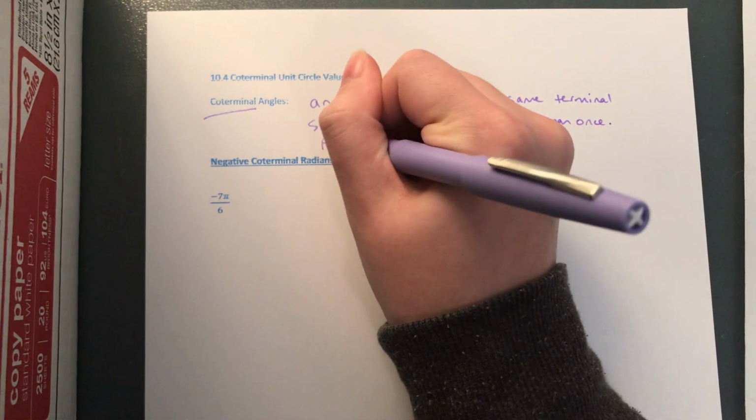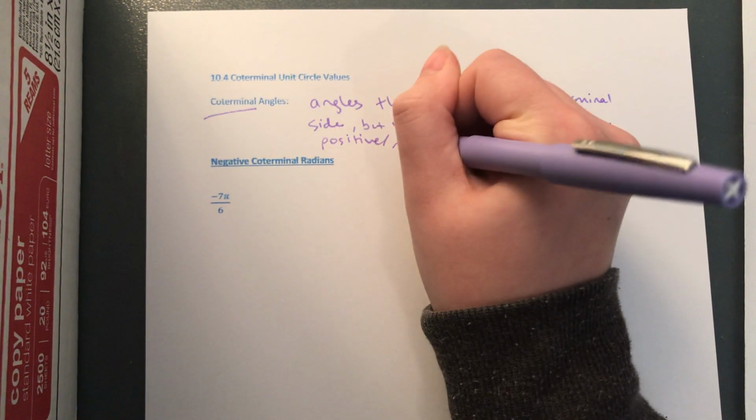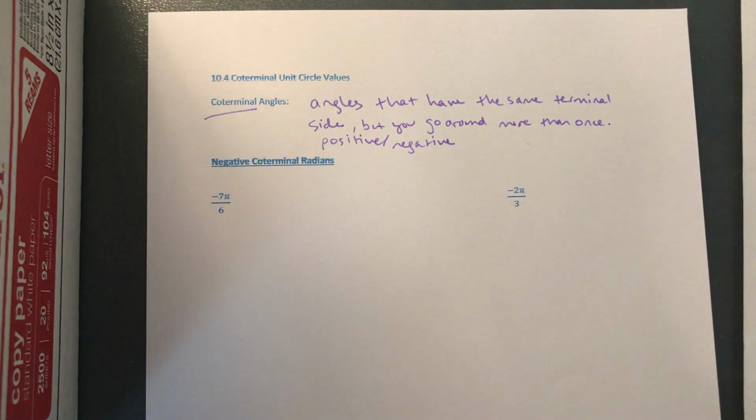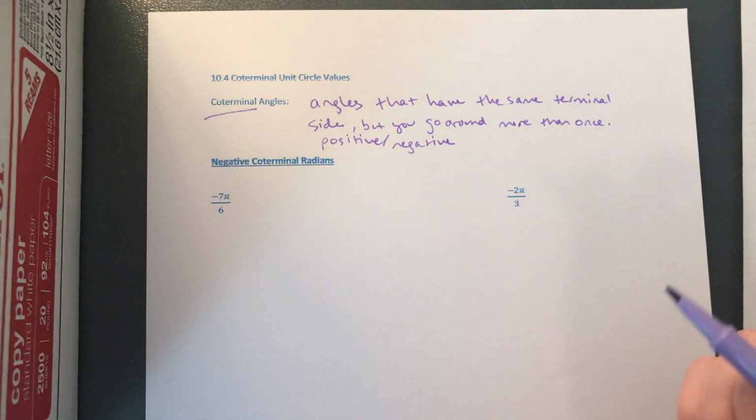And they can be positive or negative. So today I'm going to show you guys what happens if you go around the unit circle more than once or if you go in the negative directions.